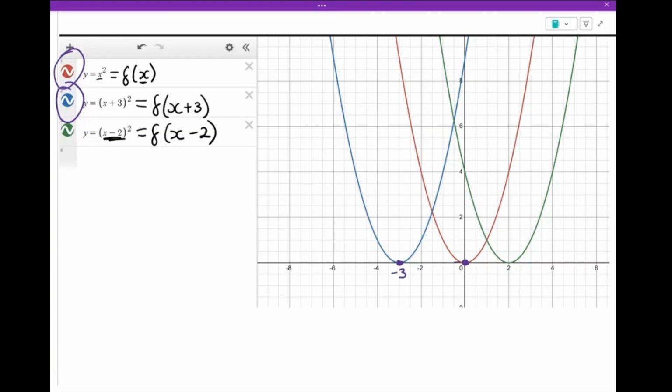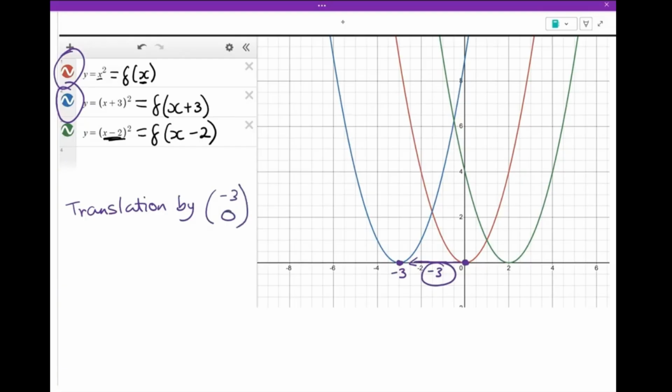So the turning point has moved 3 to the left, which you could use -3 to represent. So the transformation is a translation by, and our vector this time would be a bit different, because our horizontal component would be the -3, and then we haven't moved up or down, so our vertical component would be 0.